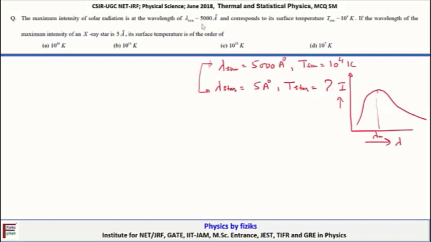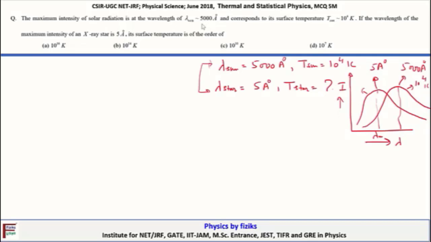So we have two different situations, something like this: one corresponding to the star at 5 angstrom and another corresponding to 5000 angstrom. The corresponding temperature for this case is given to us, 10^4 Kelvin, and for the second case we have to find it out.